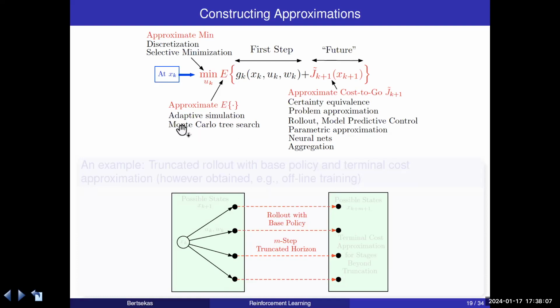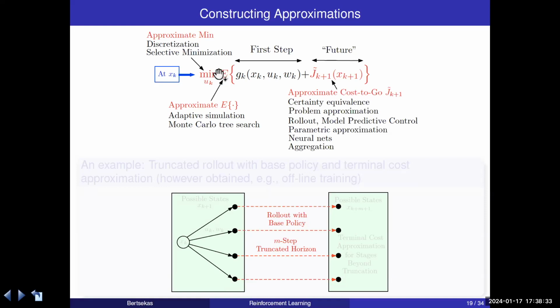Approximating expected values, an important approach is to use adaptive simulation. In many reinforcement learning contexts, you would calculate this expected value by Monte Carlo simulation. And you can do exact Monte Carlo simulation with a lot of samples, or not so exact with relatively few samples. That's what I mean by adaptive simulation. For some controls, you do a lot of simulations. For other controls, not so much.